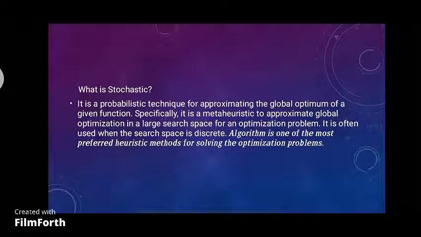So, that is the stochastic. That means it makes use of randomness as a part of the search process. This makes the algorithm suitable for approximating nonlinear objective functions where other local search algorithms do not operate well.